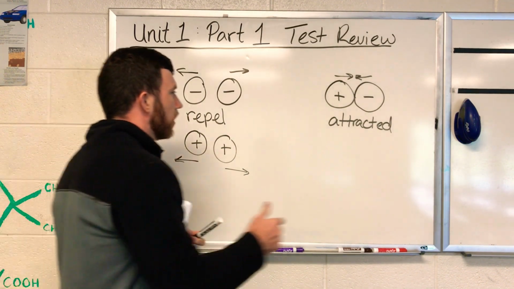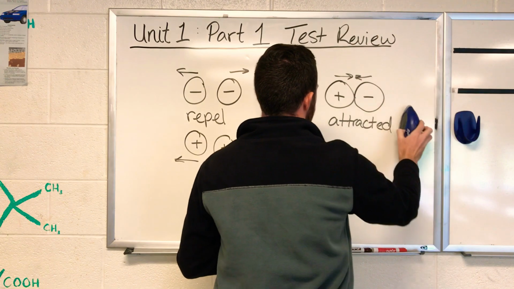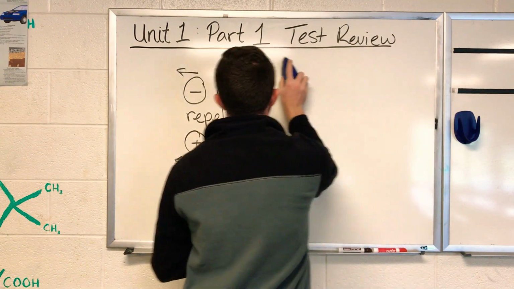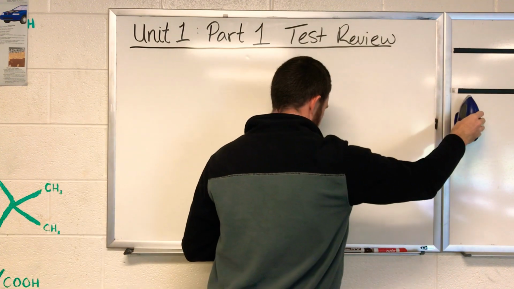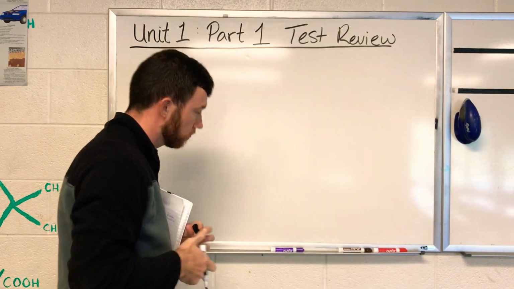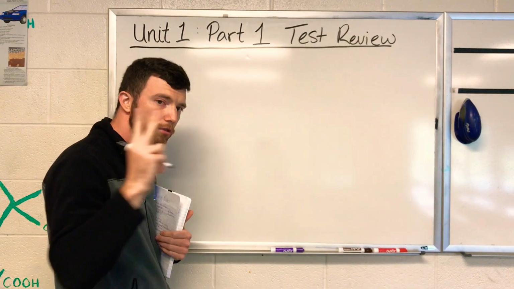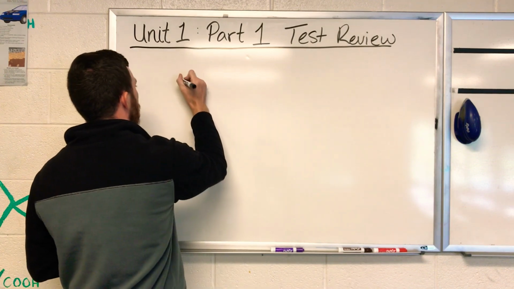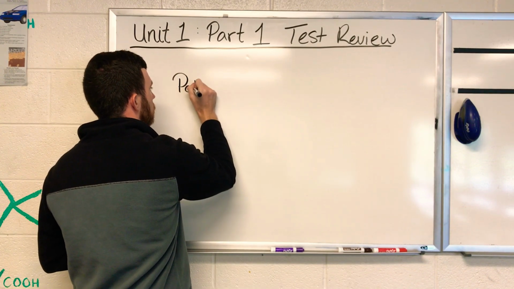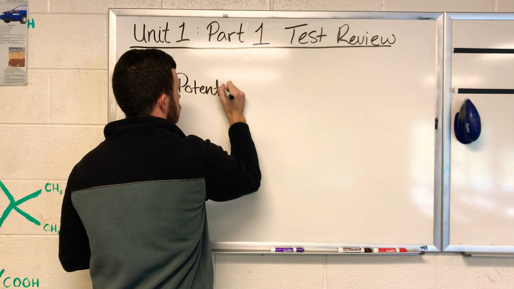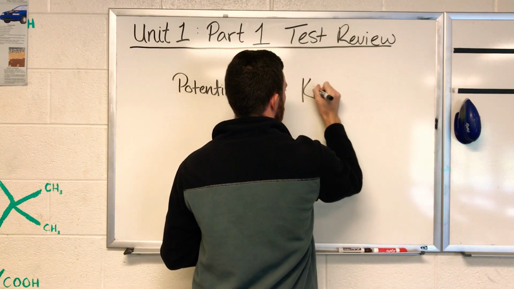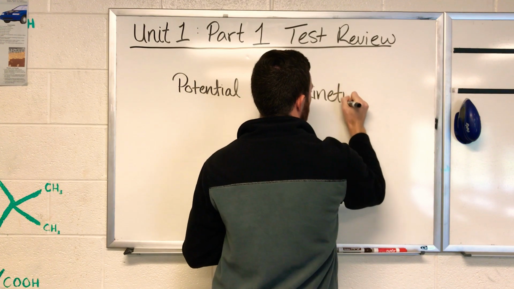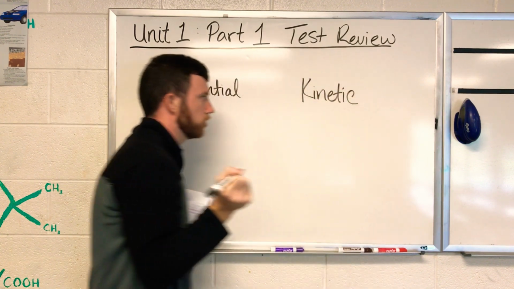So we also have two types of energy. Let's talk about that. Let's start with a new fresh board. We have two types of energy. We have potential energy, and we have kinetic energy.